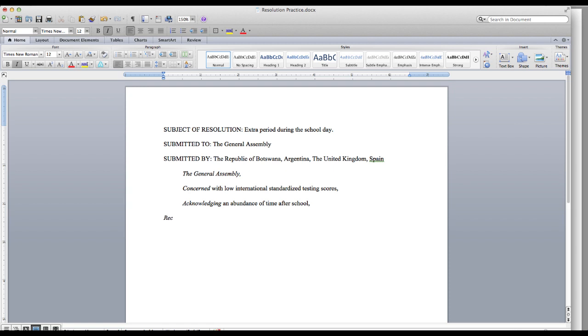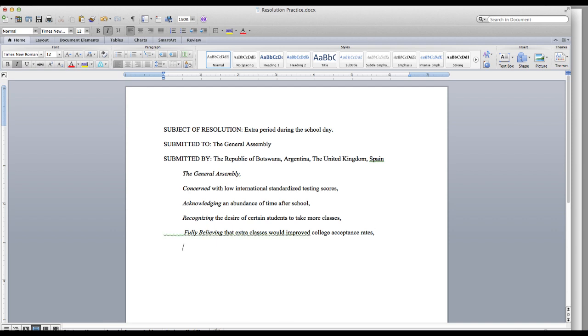And then recognizing the desire of certain students to take more classes, fully believing that extra classes would improve college acceptance rates.